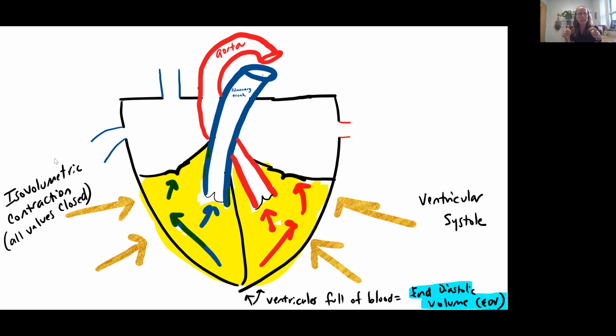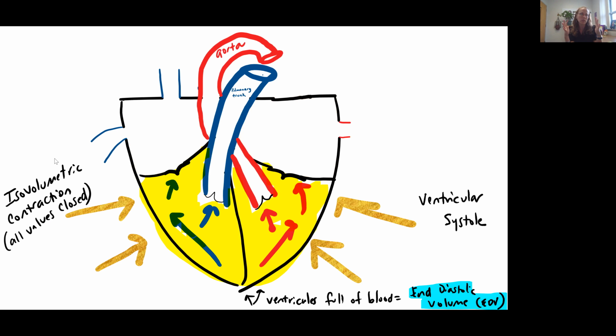The amount of blood that you have in the ventricle at this point is going to be referred to as the end diastolic volume, or the EDV. That's all the blood that has flowed from the atria to the ventricles during the passive filling time, which is like 70% of the volume, and then that final push, the remaining 30%, that gets pushed down into the ventricle.